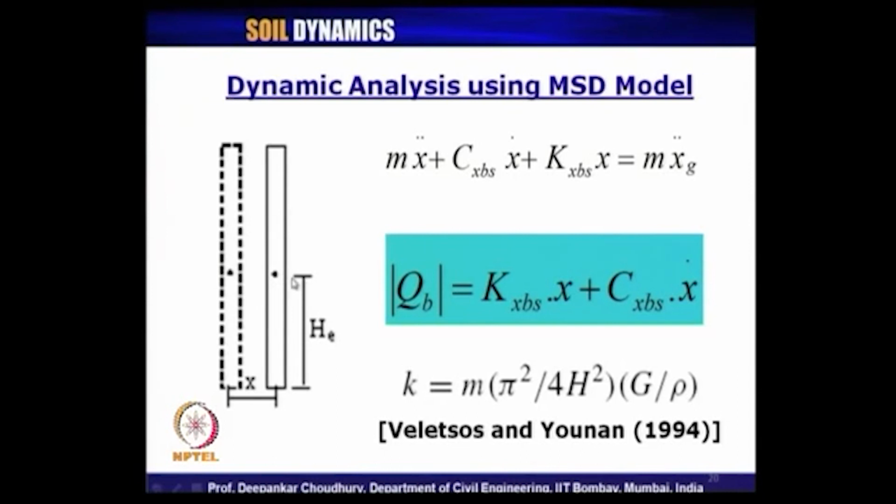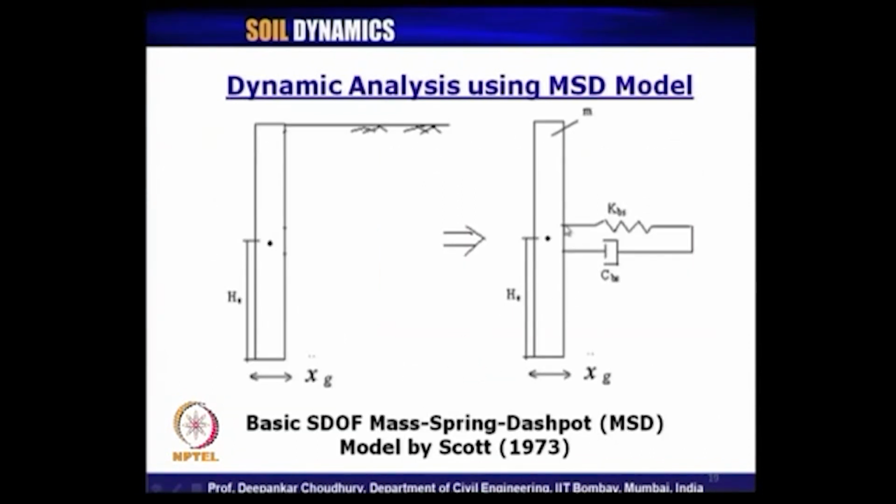And how to get the magnitude of the earth pressure, that is why this mod is used, Q B is called, which is nothing but, if you look back the single degree of freedom model once again, how much pressure is acting on this wall or how much force, earth pressure force is acting on this wall, that is the force generated from this spring and force generated from this damper will be nothing but the force acting on the wall.